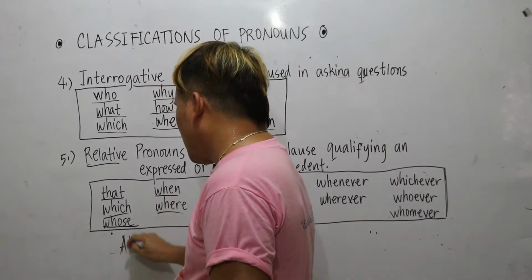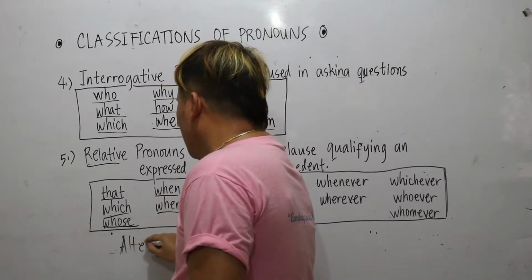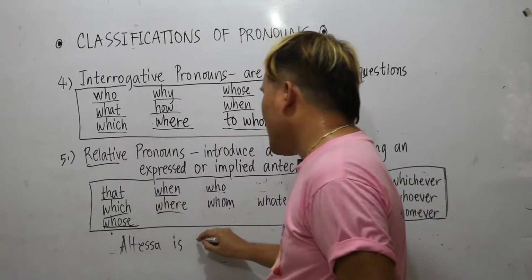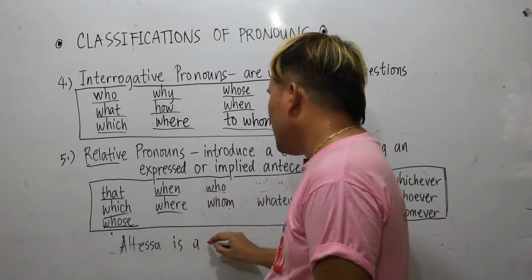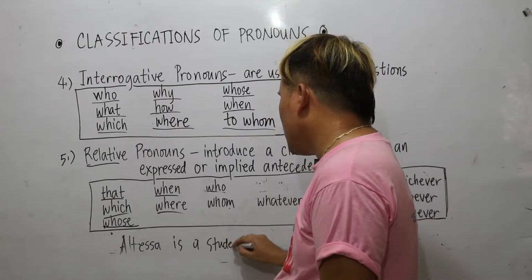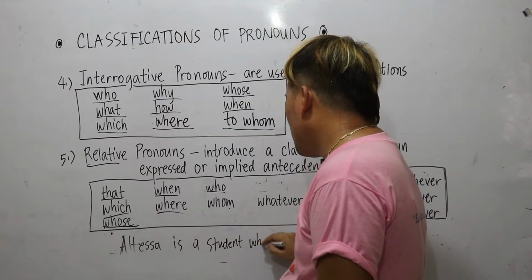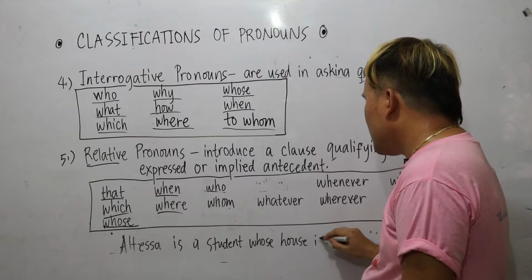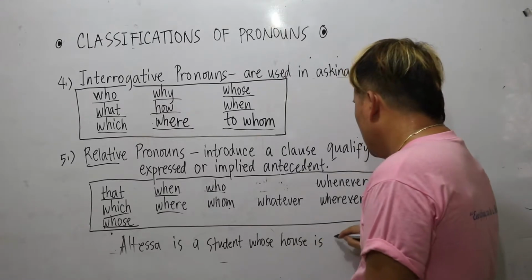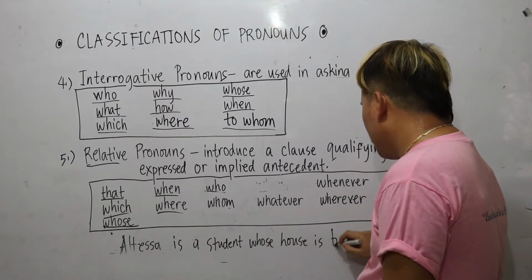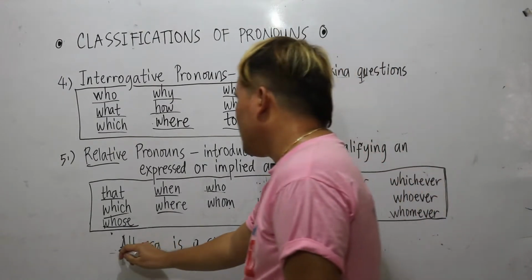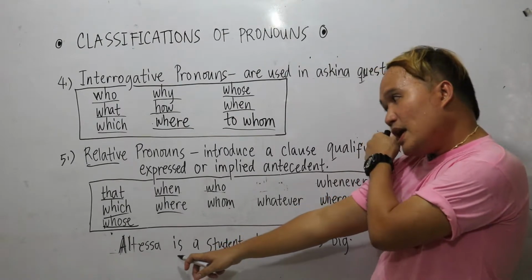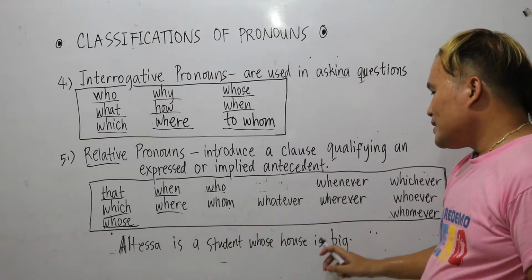Here we have an example sentence: Altessa is a student whose house is big.